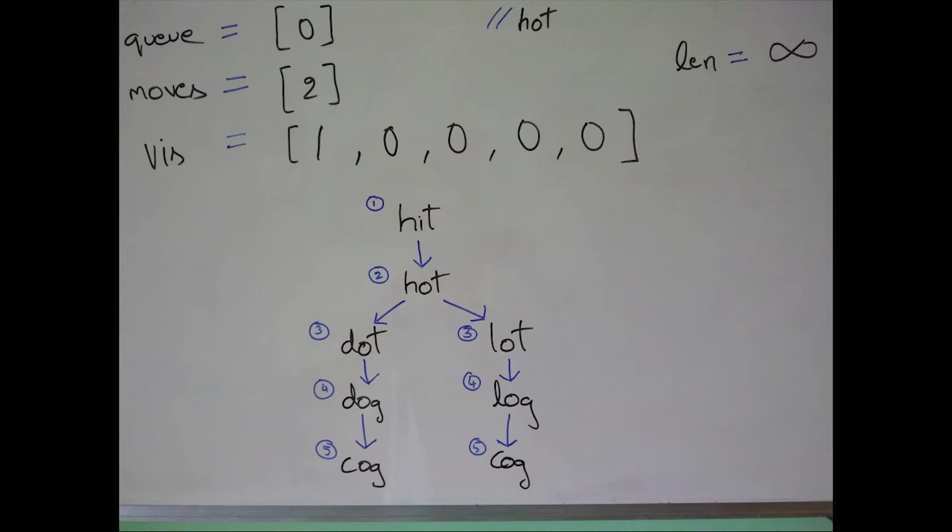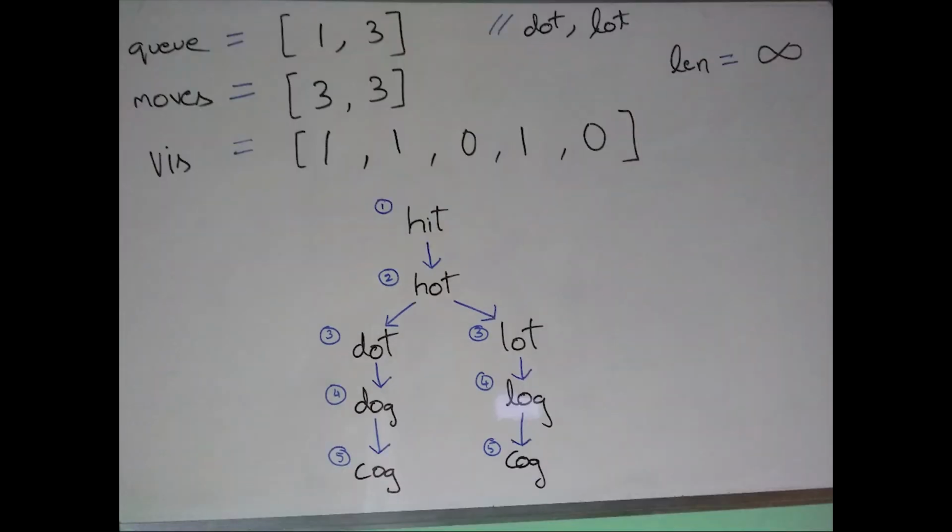Since hot and cog are not just one difference away, we go ahead in the while loop. We insert the elements which are adjacent to hot, that is just one difference away from hot. Here dot and lot are just one difference away from hot, so we insert their indexes into the queue.